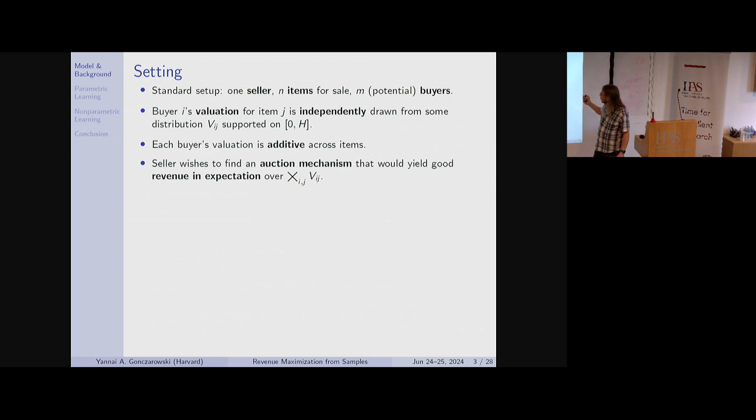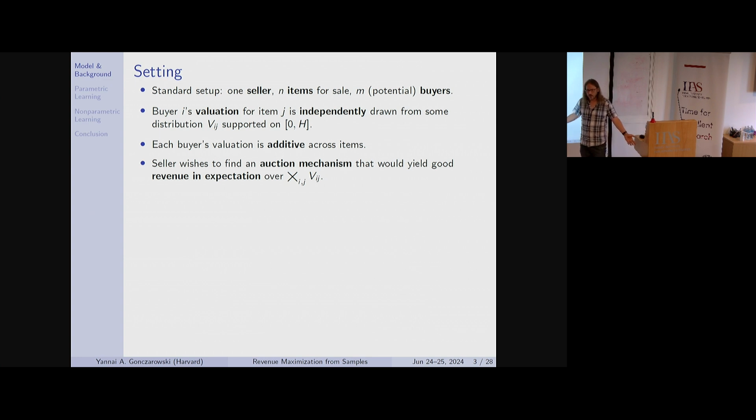The seller wishes to find an auction mechanism, so there's a lot of argument about when is it an auction, when is it only a mechanism. I'm going to use these interchangeably throughout today and tomorrow. Apologies in advance to people who have a strong opinion about these. That would yield good revenue in expectation over this.